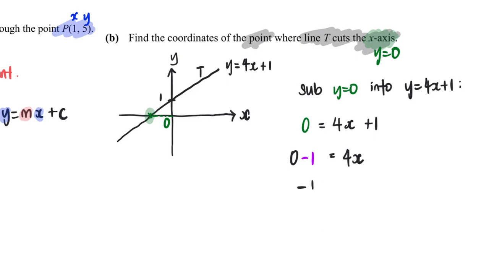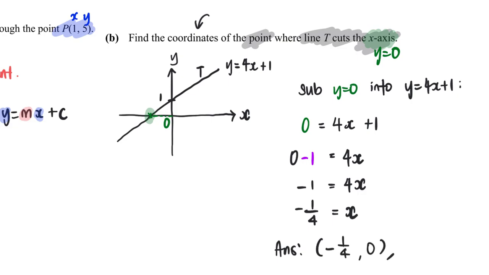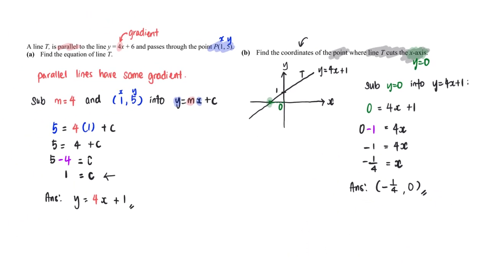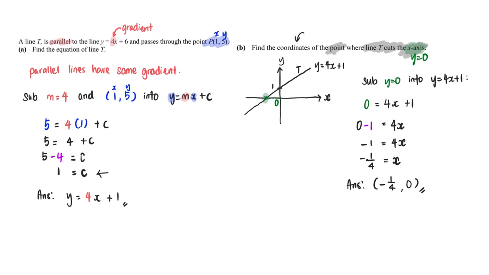So it will be negative 1 equals to 4x. And for the final answer, I divide by 4. Since they asked about coordinates, I'm going to leave my answer in coordinates form. With that, we have come to the end of this particular problem. And let's continue to the next question.